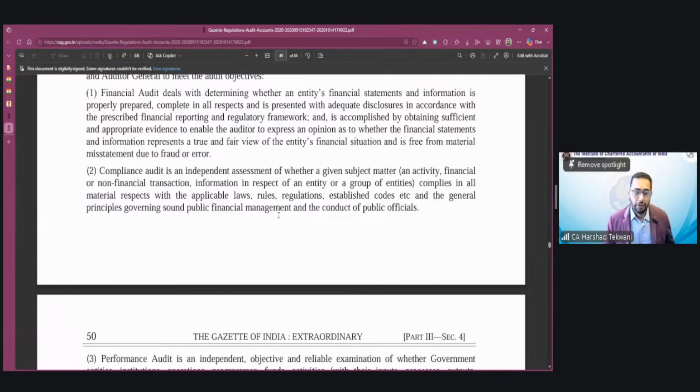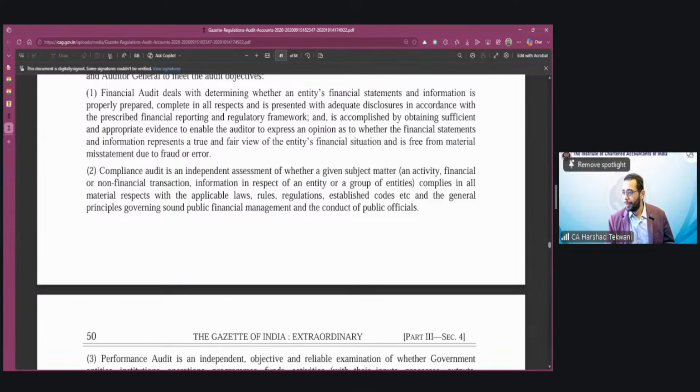Now, what is compliance audit? Compliance audit is an independent assessment of whether a given subject matter, that is an activity, financial or non-financial transaction, or information in respect of any entity or group of entities, complies in all material respects with the applicable laws, rules, regulations, codes, etc., and the general principles governing sound public financial management and the conduct of public officials.